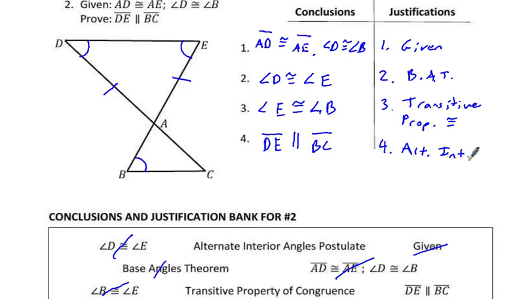If we knew the lines were parallel, and we then were going to say from that information that the alternate interior angles were congruent, then we would use the parallel lines theorem. Alright, and that finishes up this proof.